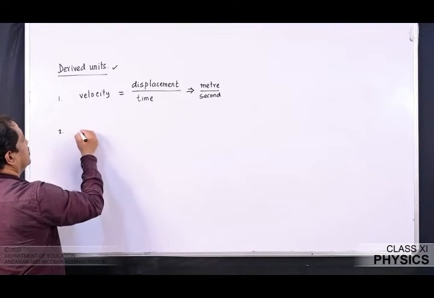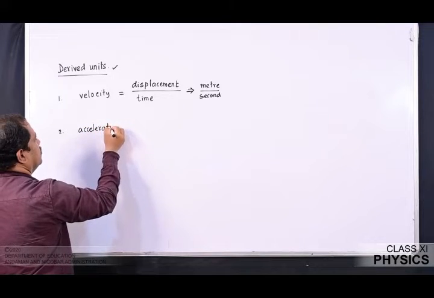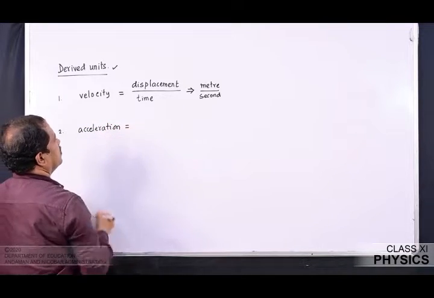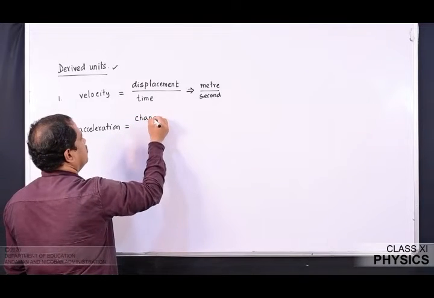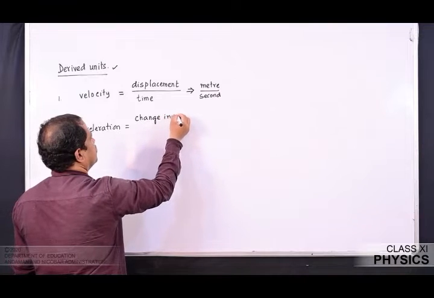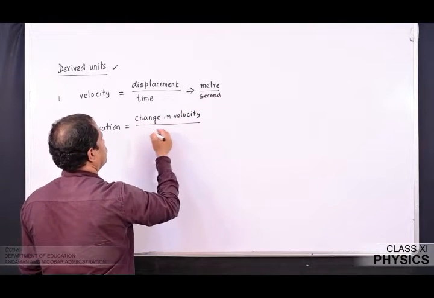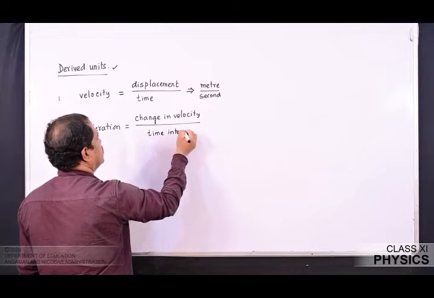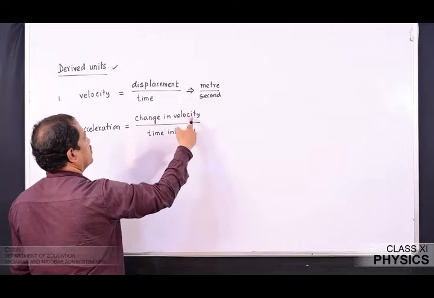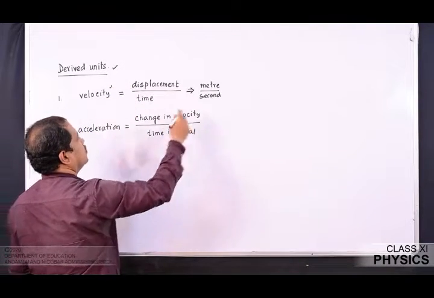Let us take another example, say acceleration. In lower class we studied that acceleration is change in velocity over time interval. Now, change in velocity will have the unit of velocity.